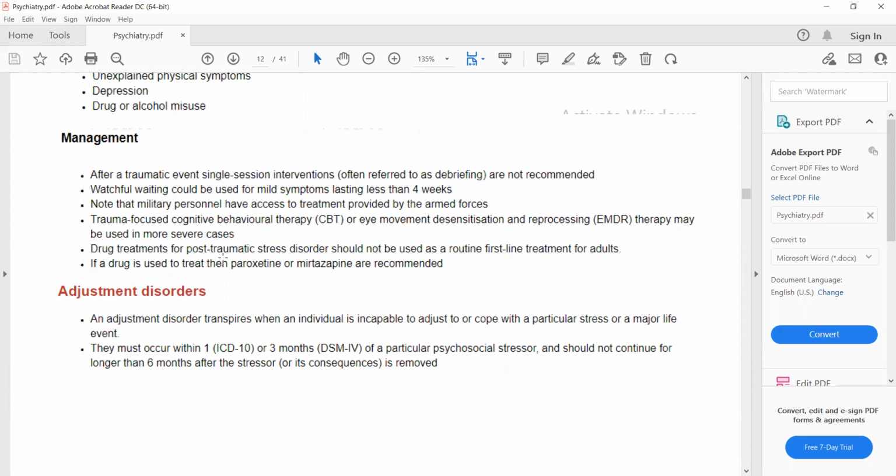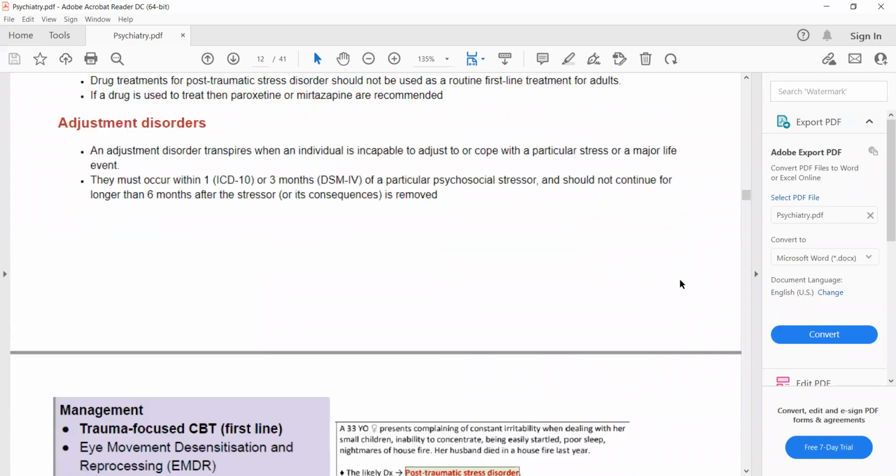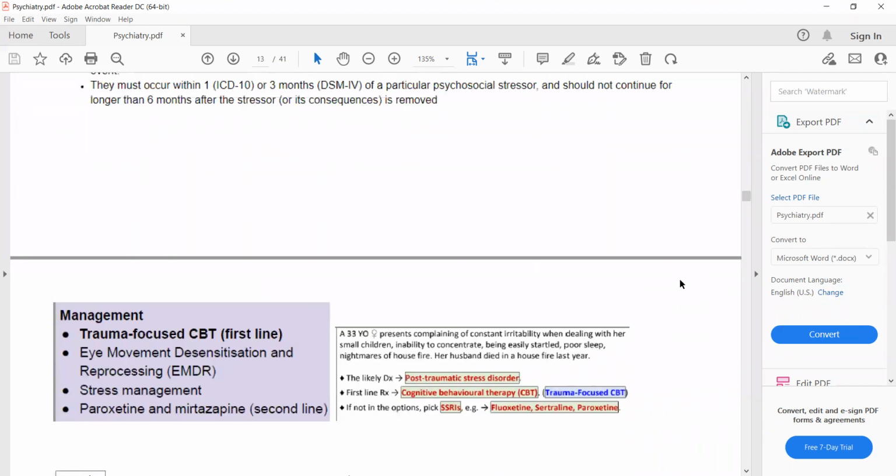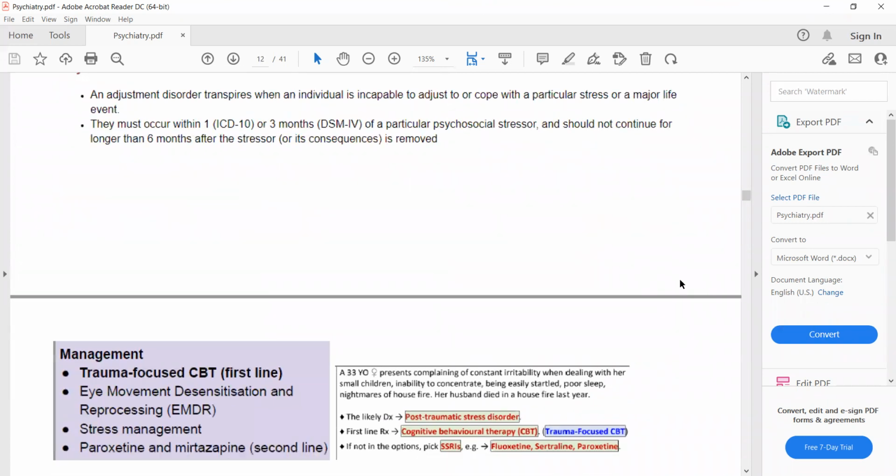Remember that drug treatment for post-traumatic stress disorder should not be used as a routine first-line treatment for adults. The first-line treatment will always be trauma-focused CBT or EMDR. We have already discussed adjustment disorder.